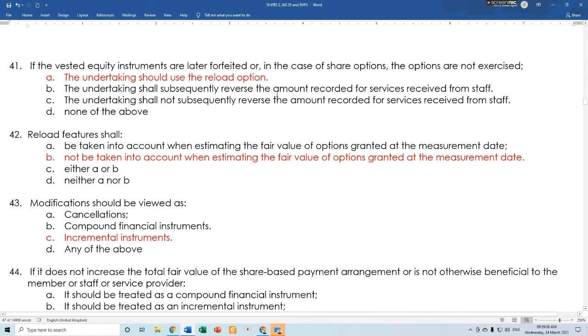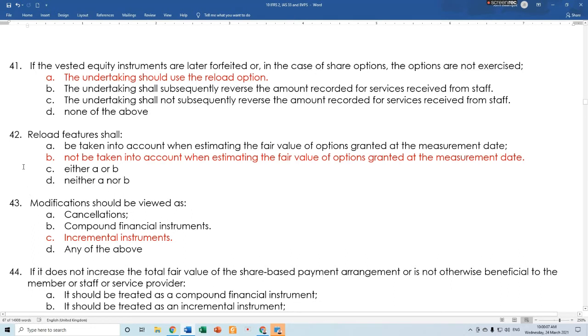So basically, the concept here is to allow them to have another chance to exercise the option. Parang ganun yung labas niya. So, undertaking should use the reload option. Or basically, kung wala talaga, ang mangyayari dyan is yung share options, papasok din lang naman yan as share premium ng company later on. Okay?